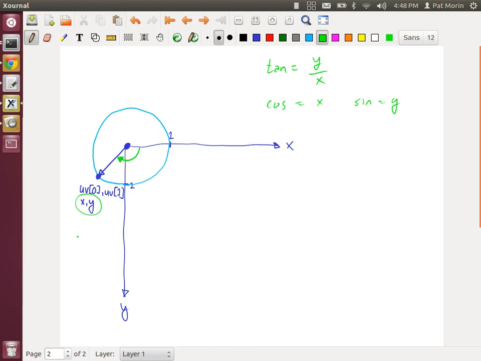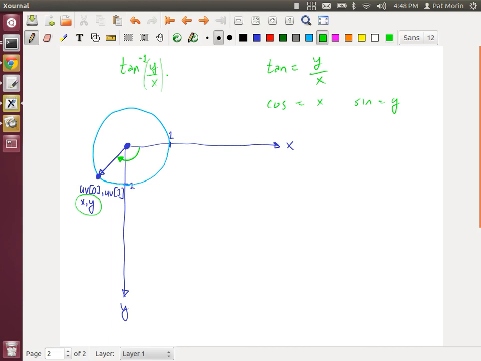Yeah. Since we have the ratio of x and y, we can do inverse tan. So what we want is something different, which is somehow the inverse tangent. We know y and x already. What we want is, what's the angle that gives us that y and x? So we'd like something like the inverse tangent of y over x.